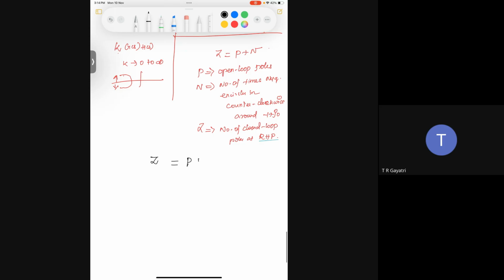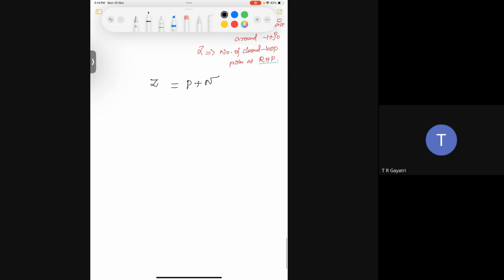Z equals P plus N. Say I have a Nyquist plot like this, this is the minus 1 plus j omega region, and I am getting a Nyquist plot maybe like this. If this is my Nyquist plot, and I am putting a direction on it, maybe it comes from infinity, goes to infinity.